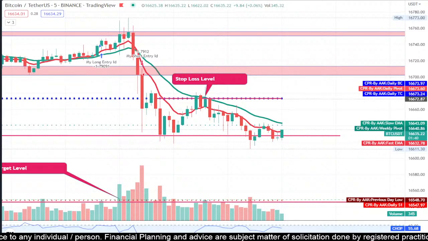So it might go a little up, retest the barrier, and start going down. And if not, then I may decide to book the profit in my trade and exit the trade.